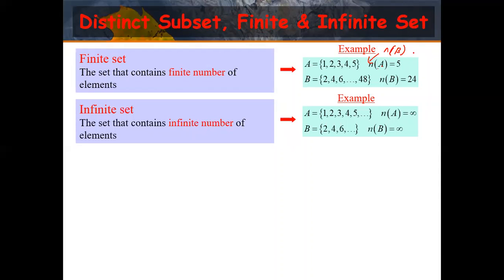We don't know the exact value because infinity can be 100, can be 1000, 1,000,000. Infinity. And B also infinity. n stands for number of elements. We will learn later.